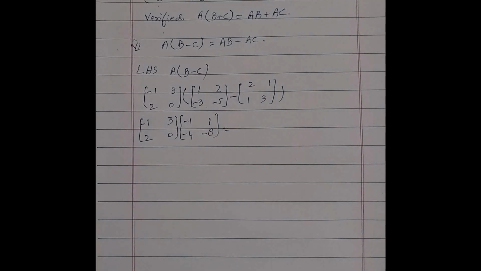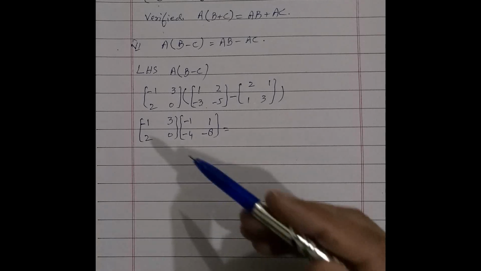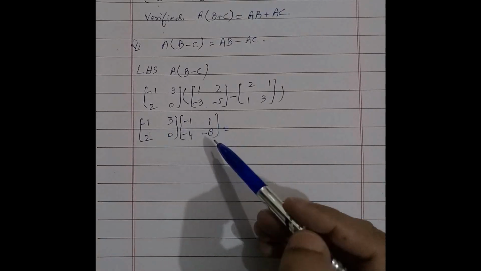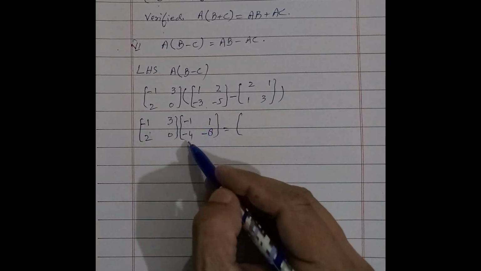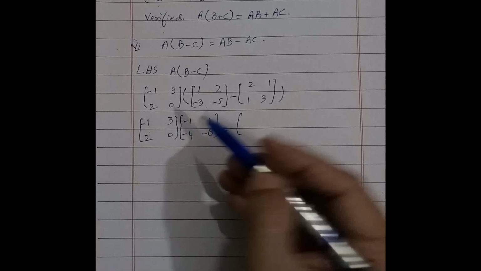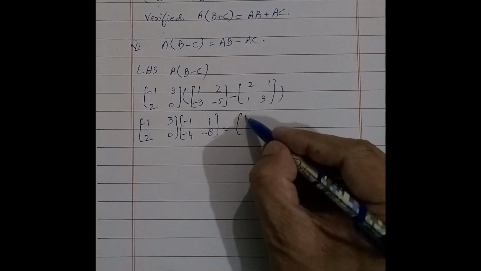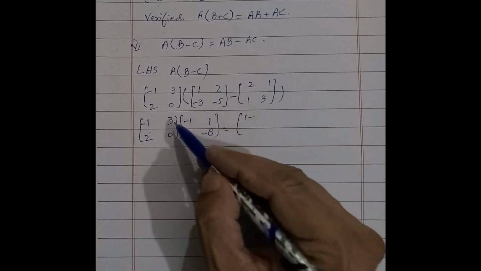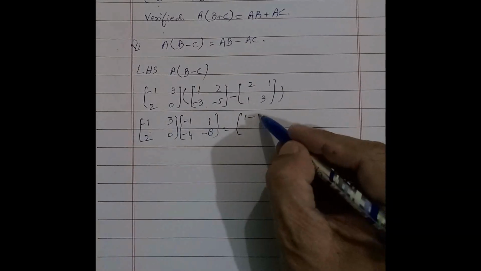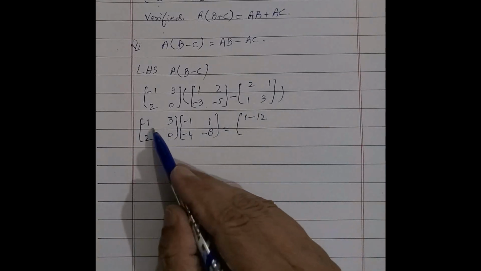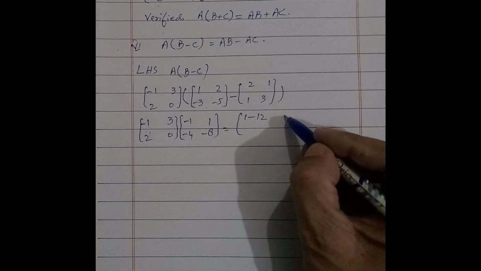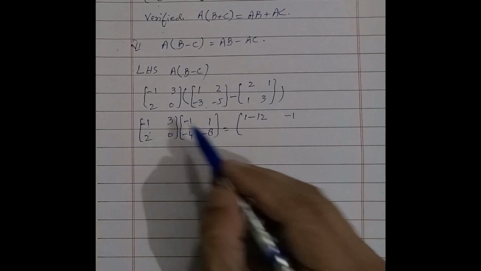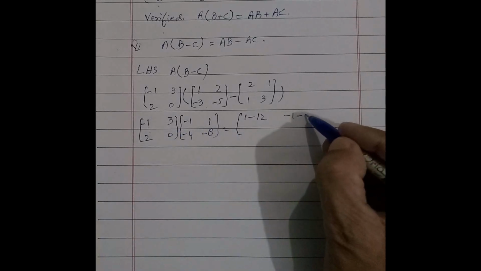So we multiply these two matrices and they are confirmed, 2 column and 2 row. We multiply these values, first row with the first column, -1 into -1 is equal to +1, 3 into -4 is equal to -12. First row with the second column is -1 multiplied by 1 is equal to -1, 3 multiplied by -8 is equal to -24.